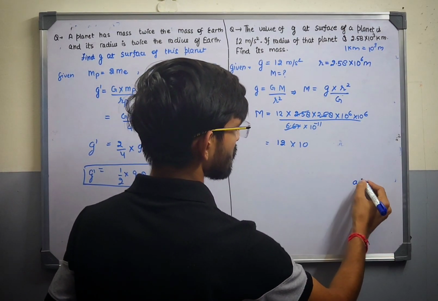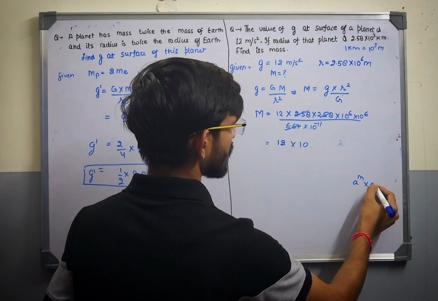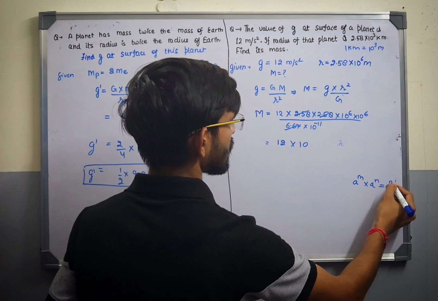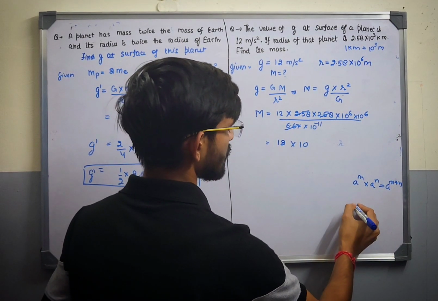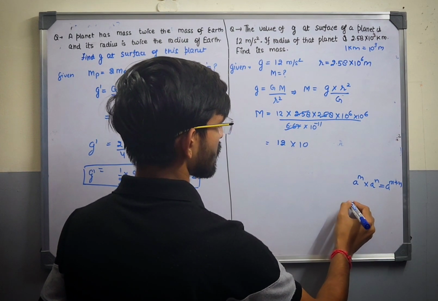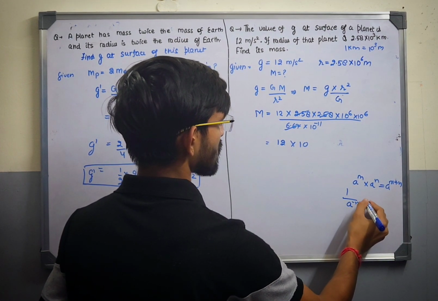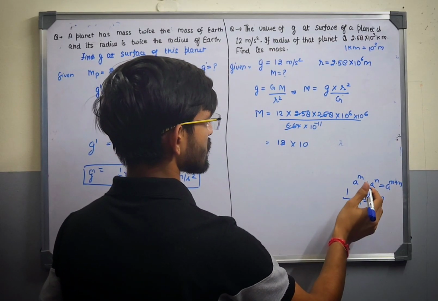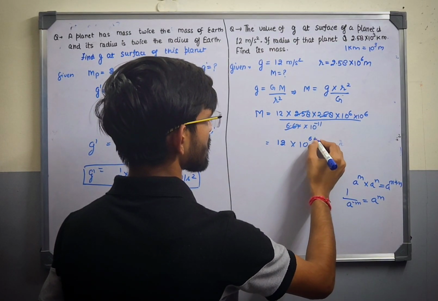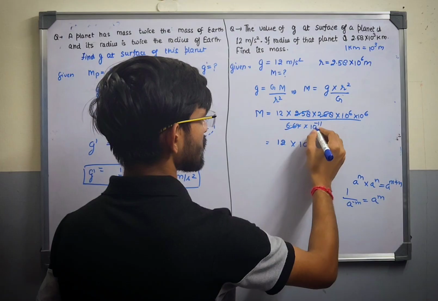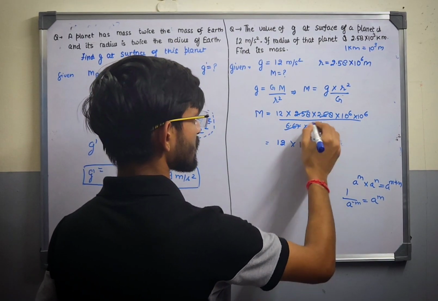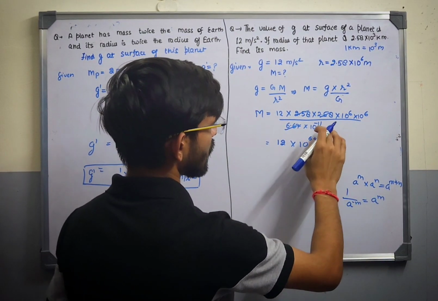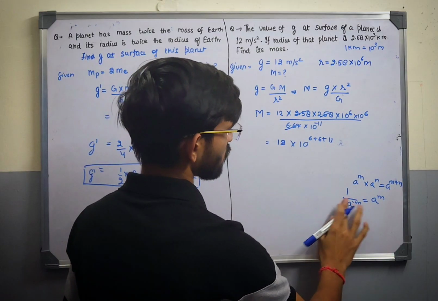I can write a power m into a power n as a power m plus n, and a power 1 upon a power minus m can be written as a power plus m. So I can write this as 10 raised to power 6 plus 6. This becomes also plus 11, because when I take this in the numerator, it becomes positive.